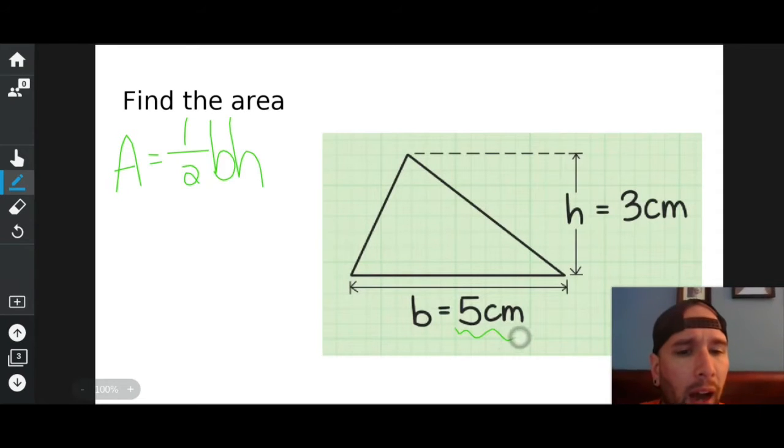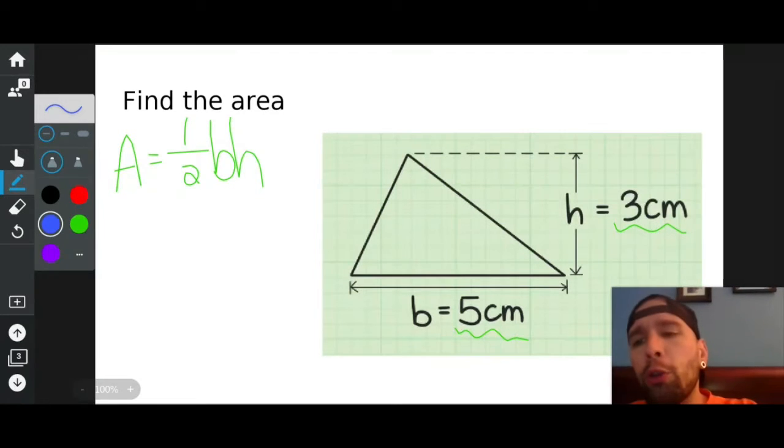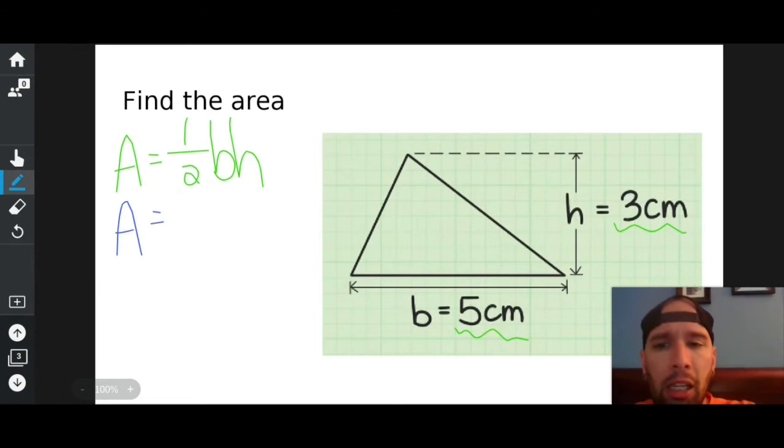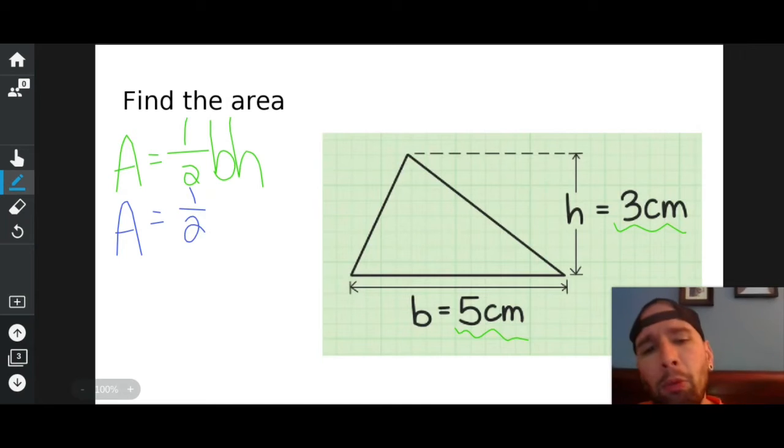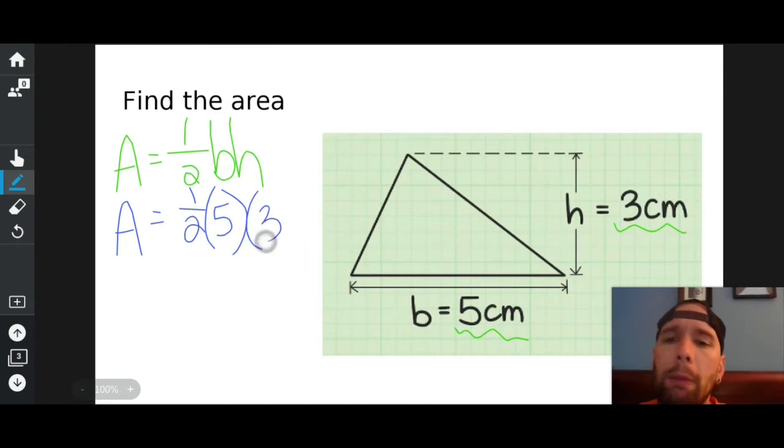My base is 5. My height is 3. Everything in centimeters. So my area is going to be 1/2 times base, which is 5, times height, which is 3. Any questions?